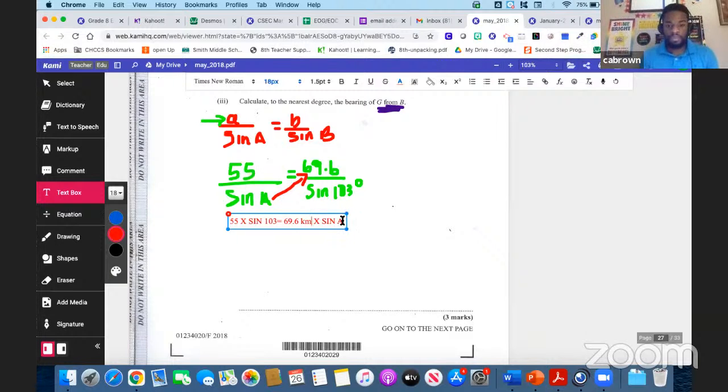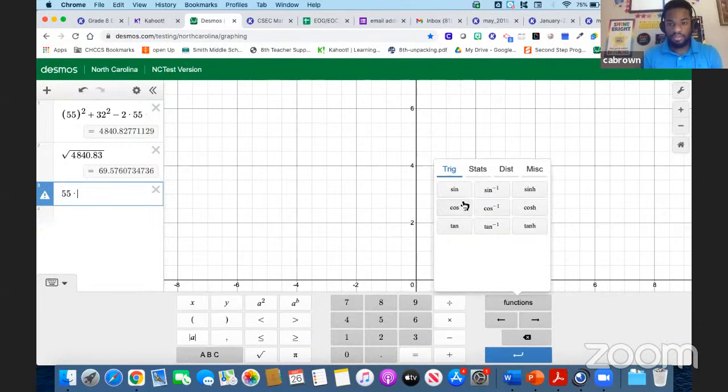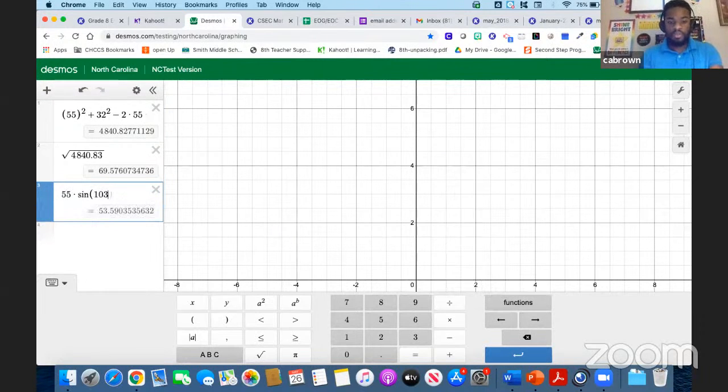Now we have our calculator, and we're going to be multiplying 55 times sine 103. That is 53.59.